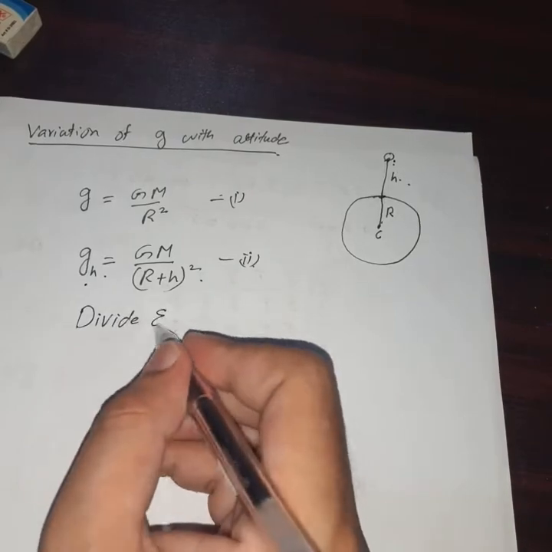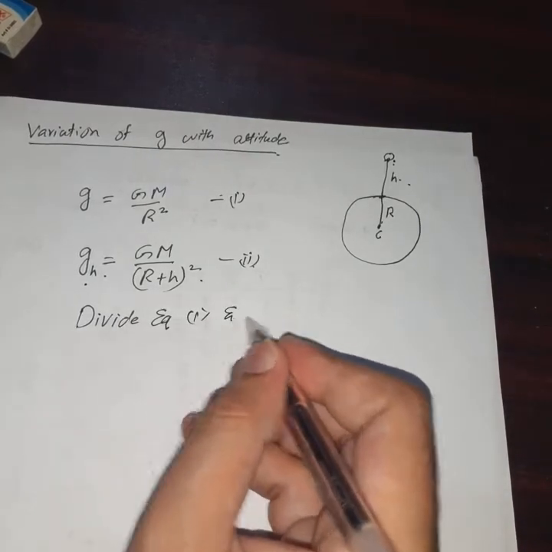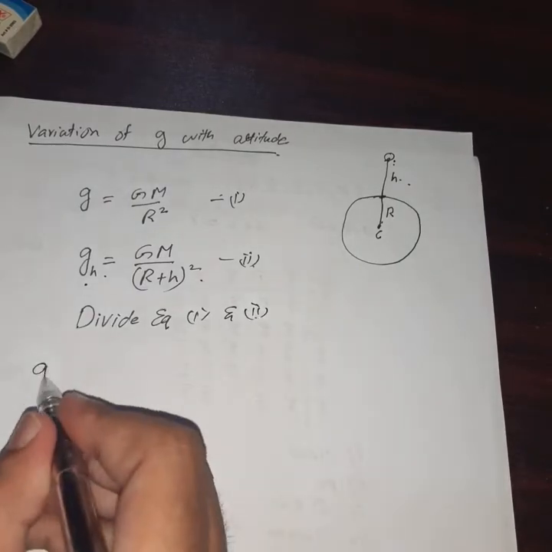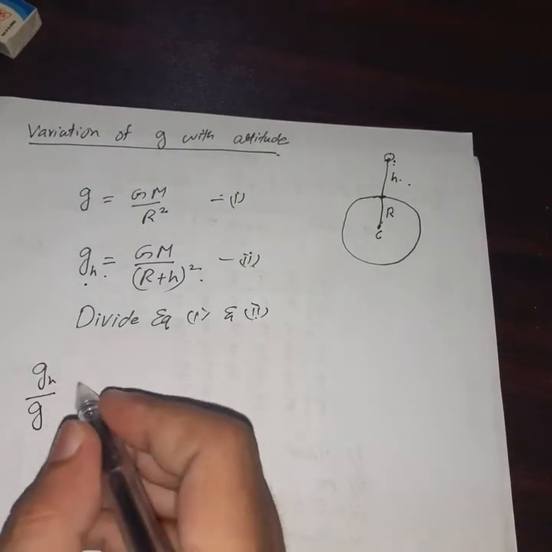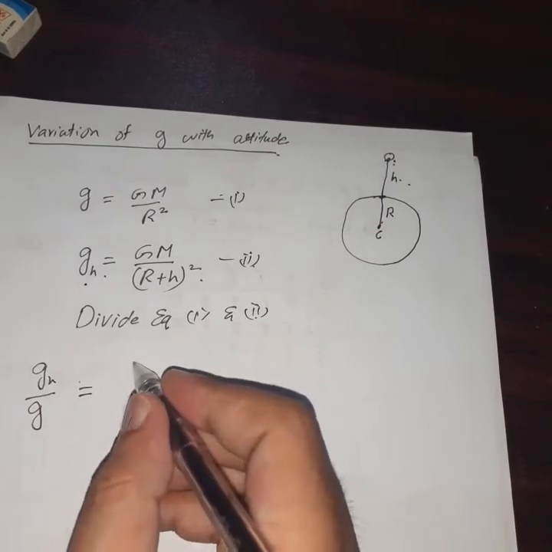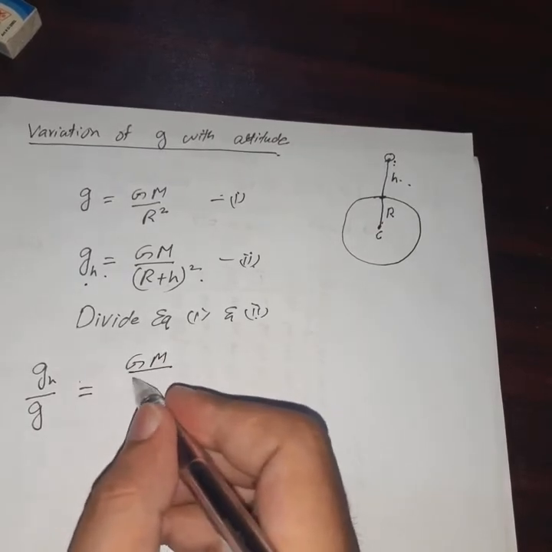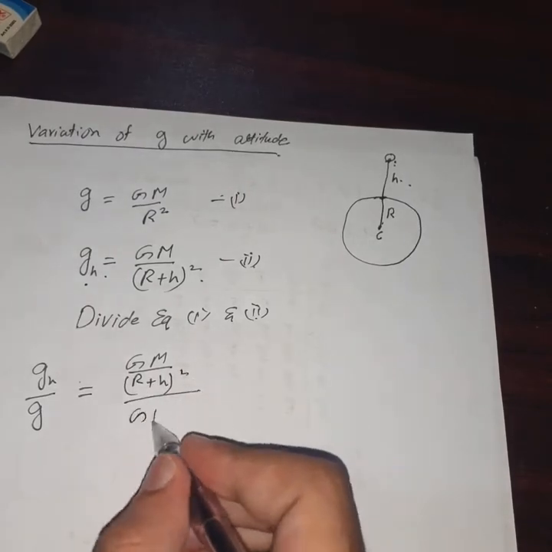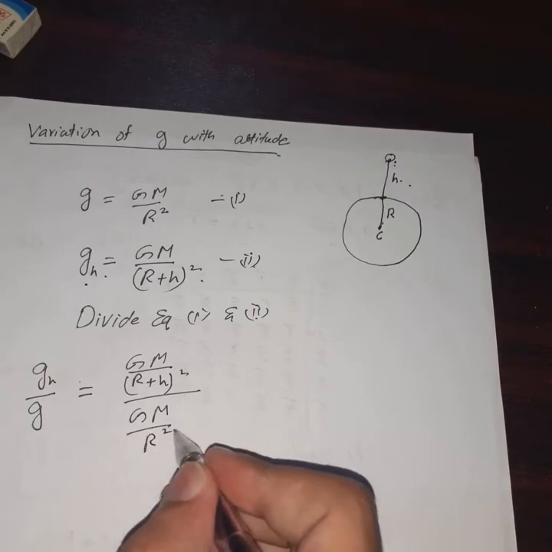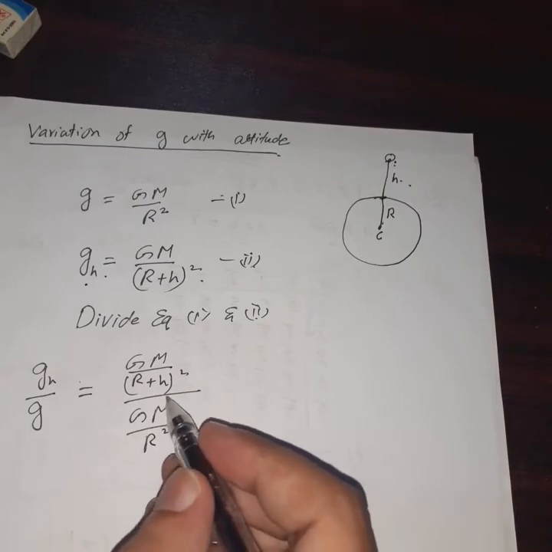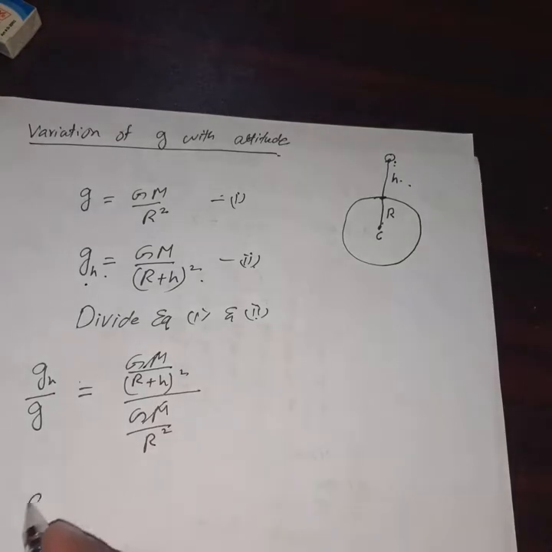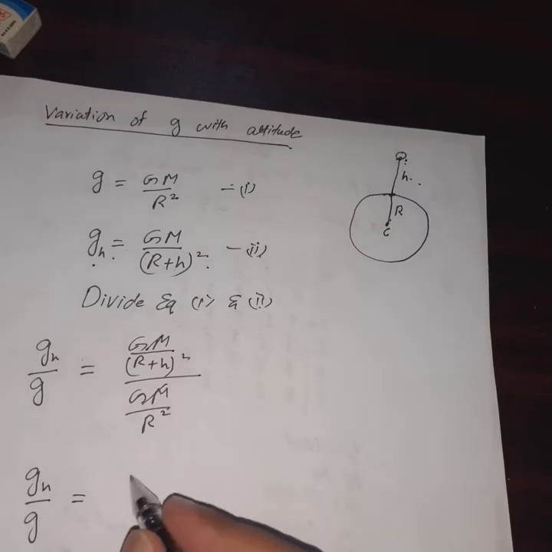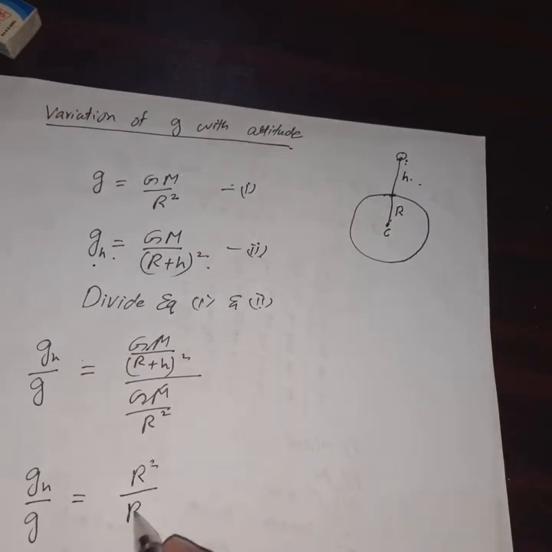So dividing equation 1 and 2, we get g_h over g: left hand side is divided by left hand side, and right hand side by right hand side, GM over (R plus h) whole square, divided by GM over R squared. So GM and GM will cancel. So g_h over g becomes R squared over (R plus h) whole square.